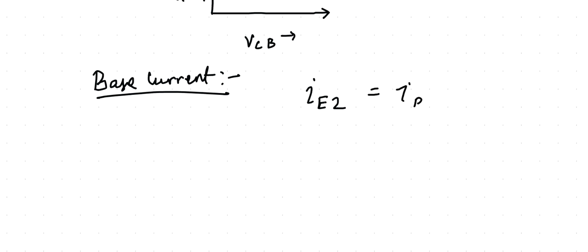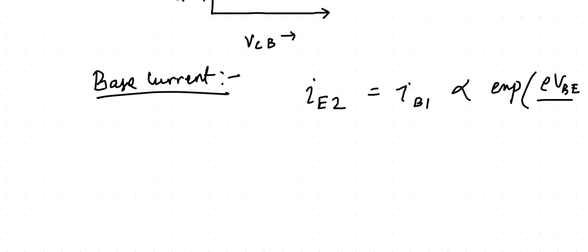This component of current is proportional to e to the power V by VT that we have already considered, because it depends upon the base-emitter voltage V divided by VT.